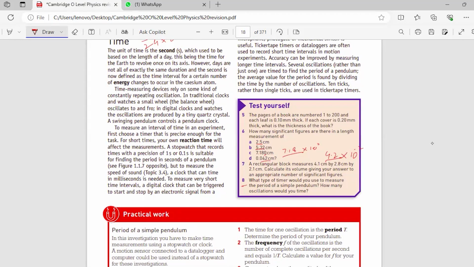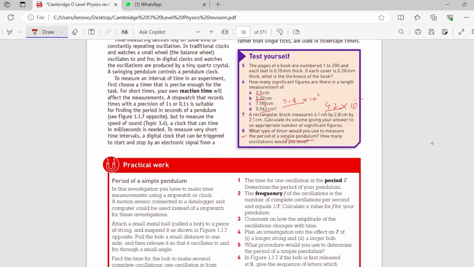Then, what type of timer would you use to measure the period of a simple pendulum? For that, a stopwatch is enough. Once we are going to read any set of values, that is length, time, or whatever, digital devices are preferred.